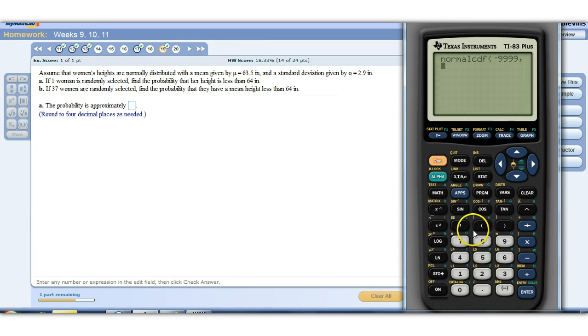The shading stops at 64. The mean is 63.5. The standard deviation is 2.9. This time we do not have to adjust it. It's just a single woman randomly selected. She's in this data set, so we randomly select her, and there's the probability she's less than 64 inches. So 0.5684.